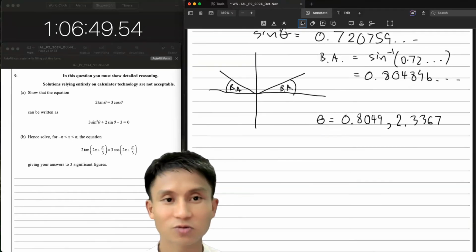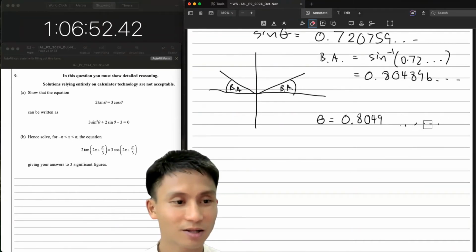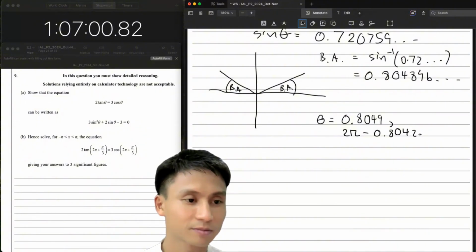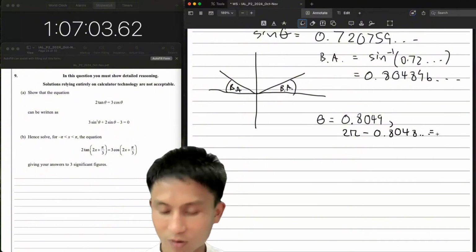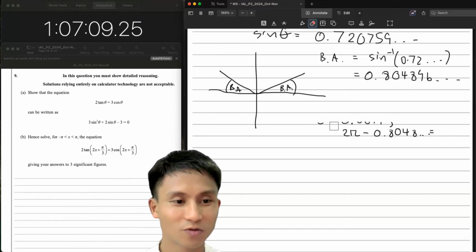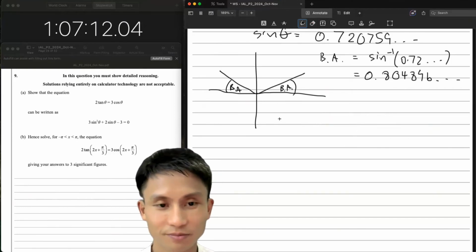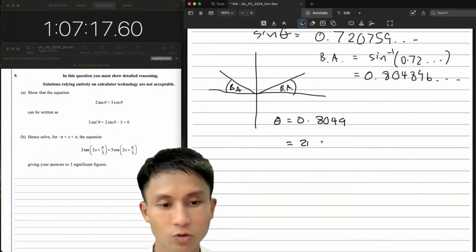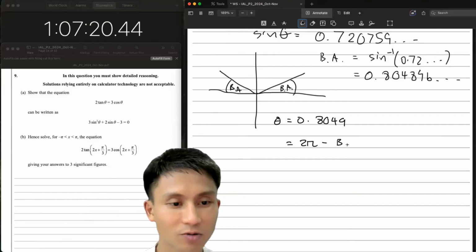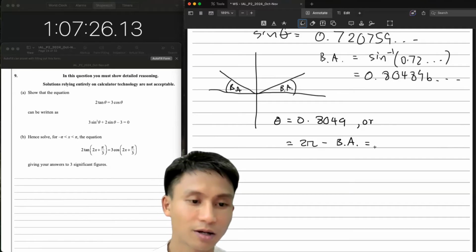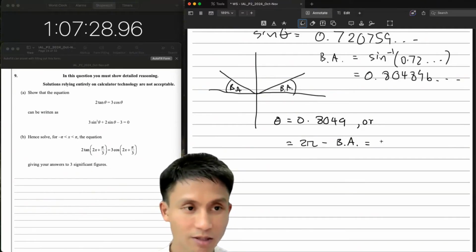I think I should write these down for the working. Let me move my whole thing here to the left a bit. 2 pi minus the basic angle, I'll just write BA, equals, what was it again? I lost it.